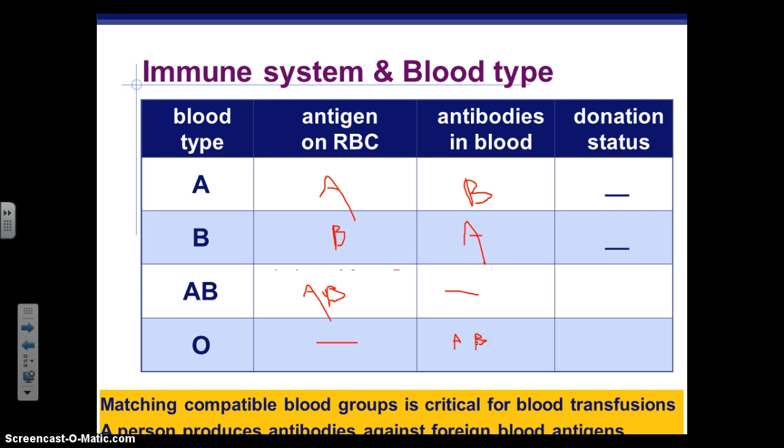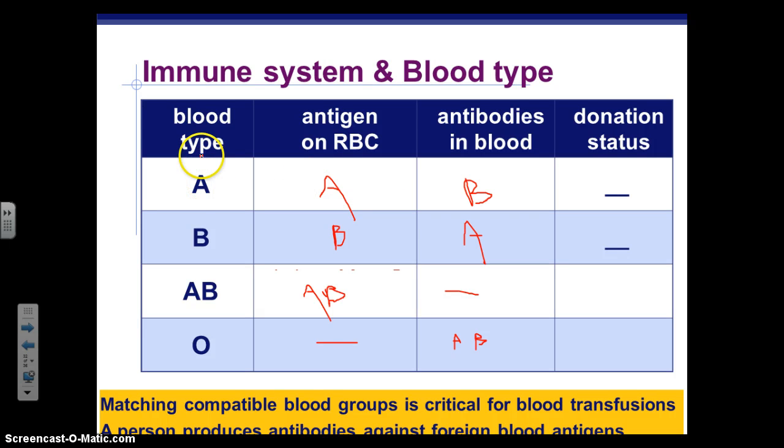So if you give someone with an A blood type blood from someone with a B blood type, the A antibodies would start attacking the antigens on the blood cells, and we don't want that to happen. So it's important that you stay within your blood type when you're getting a transfusion or organs, otherwise the cells will be attacked by your immune system.